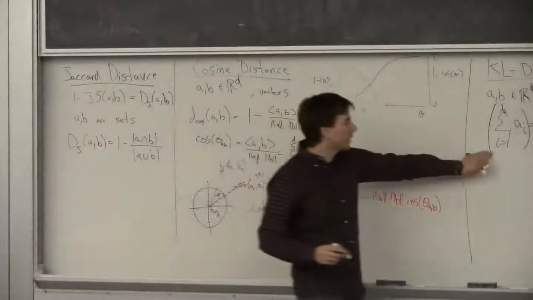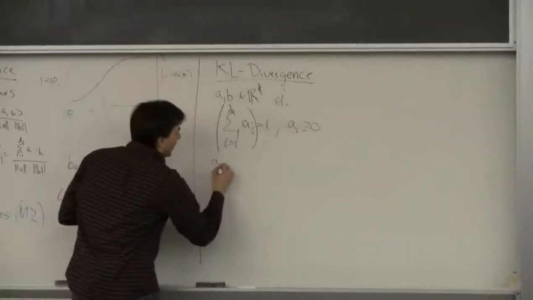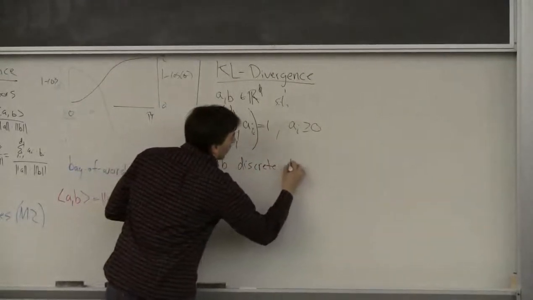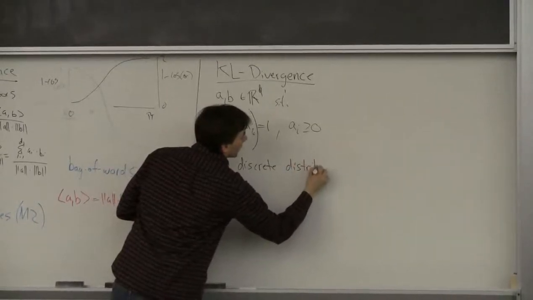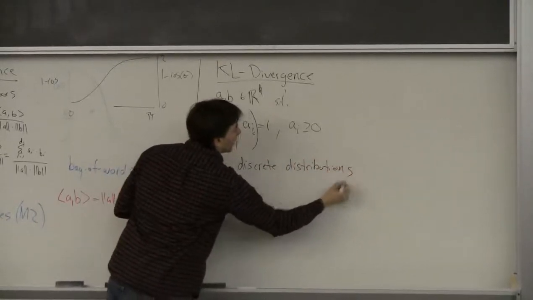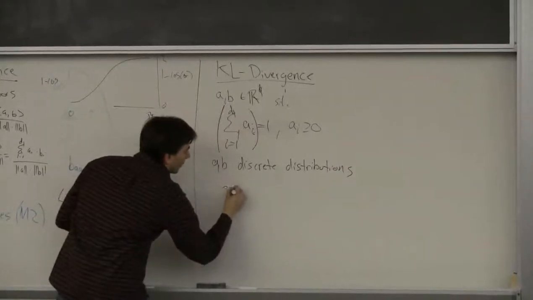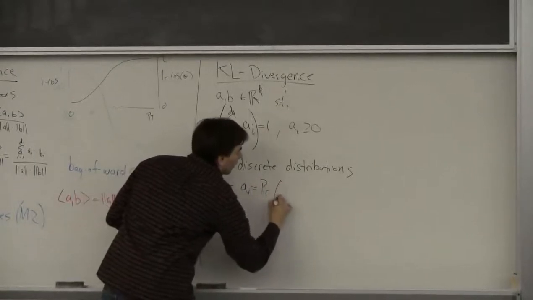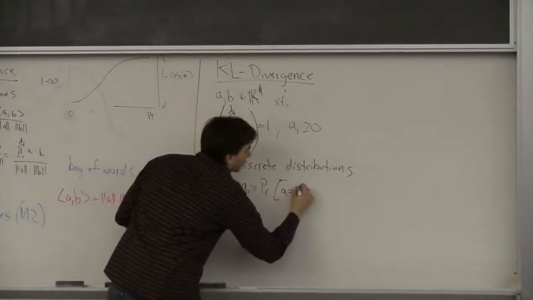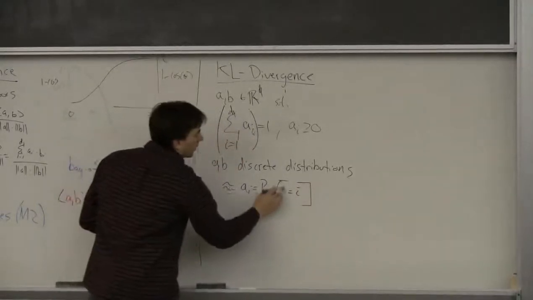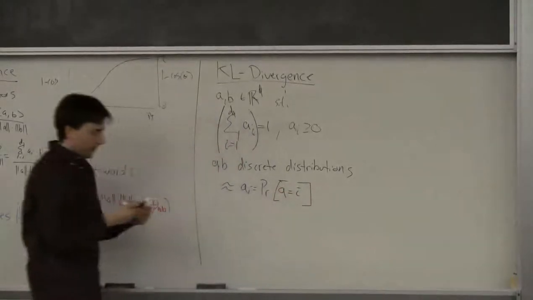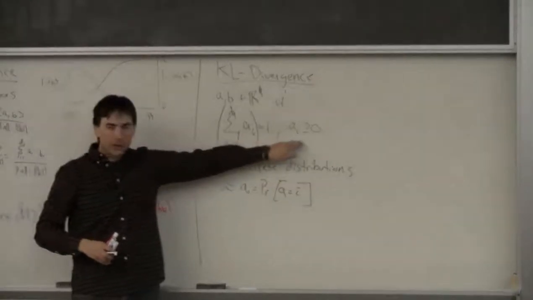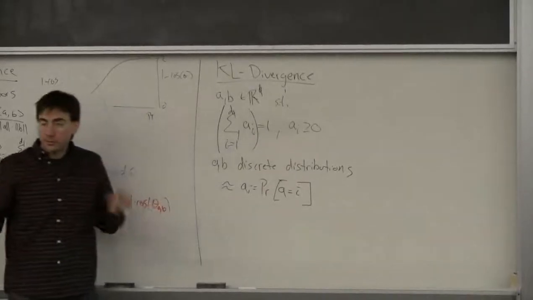This is actually measuring that A and B are going to be discrete distributions. So then you can think of A_i as the probability that A is equal to i. Right, so if the sum of all these entries equals 1 and they're all greater or equal than 0, then this is a probability space.